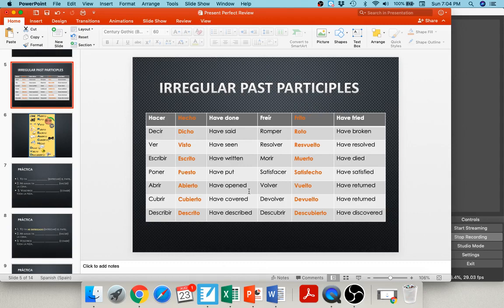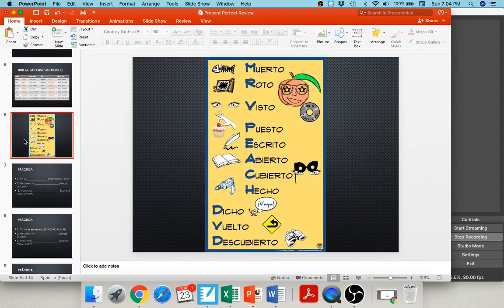Some students like to make flashcards and whatnot. I have a little acronym here that I think will help you in remembering these. This acronym is Mr. V Peach DVD. Each letter stands for something a little different. The M and the R represent muerto and roto, or morir and romper.